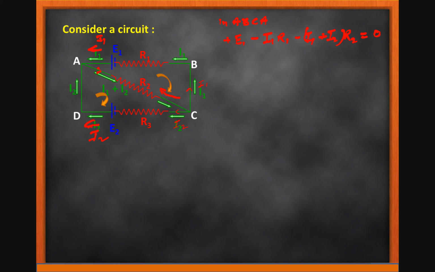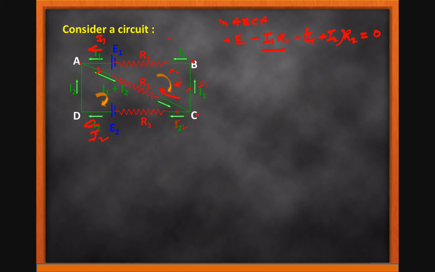I repeat, in loop ABCA, we are moving in a clockwise manner like this, and here the potential difference across R1 is I1 R1, taken as minus because we are moving against the direction of the current. The potential difference across R2 is I1 plus I2 times R2, taken as minus. Again the current and loop directions are opposite.